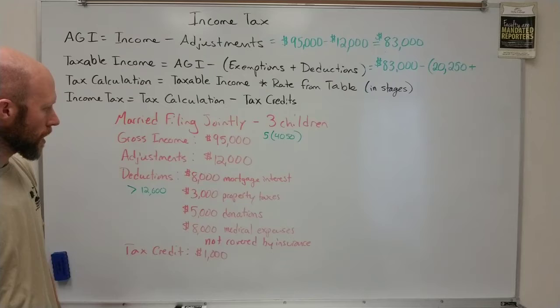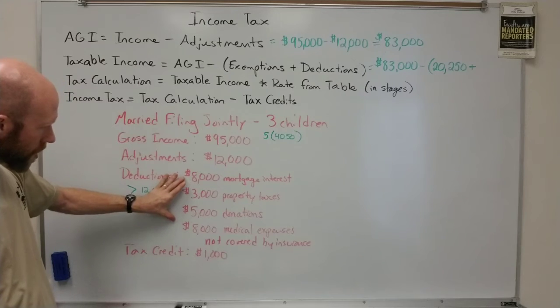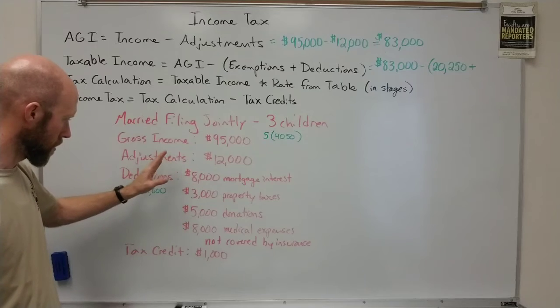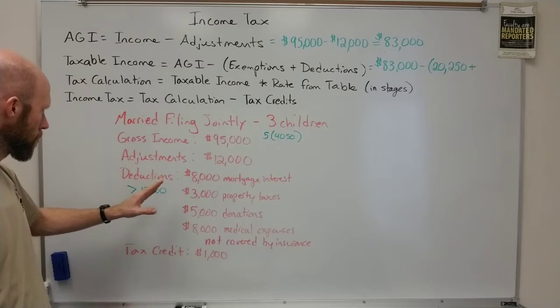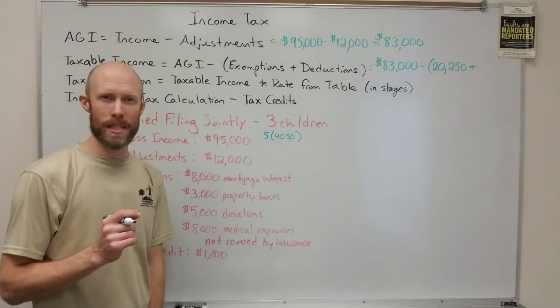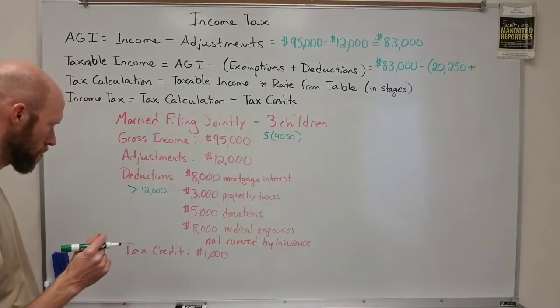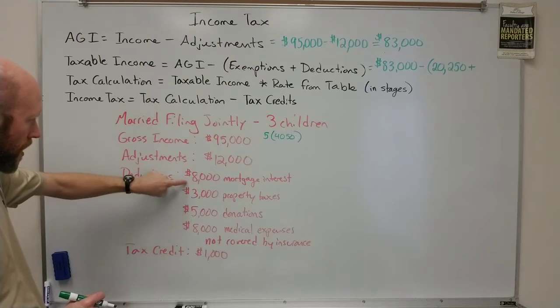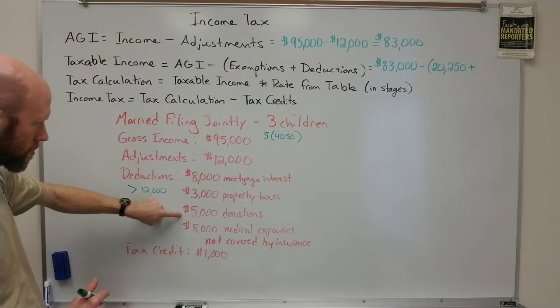So now to make that calculation, we need to add all these together for the itemized deduction, but there's some very important details that I don't want to miss. First of all, the 8, 3, and 5 here, that's 16,000, right?